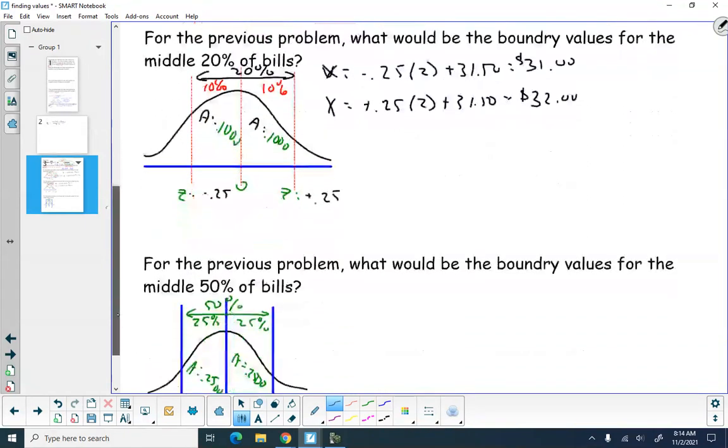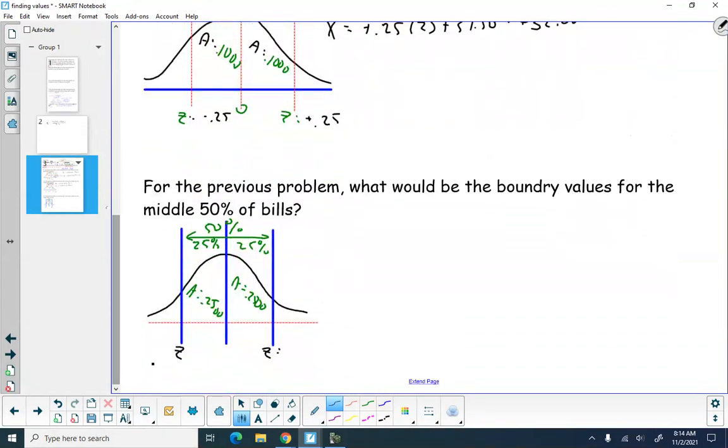The middle 50%, our Z values that go with the 0.2500, Jack, what are the Z values? So we look in here, and we're between the 0.2486 and the 0.2517. We're going to use the one that's closest, which is 0.67.